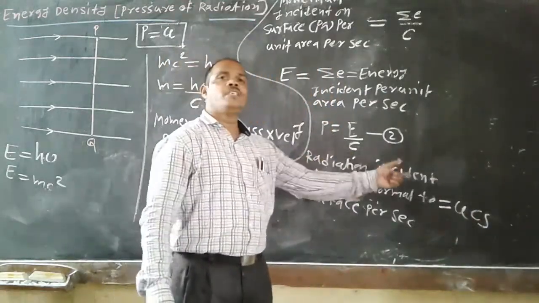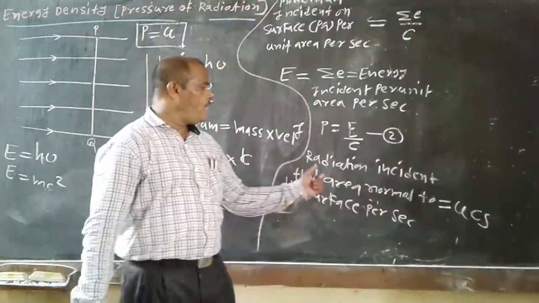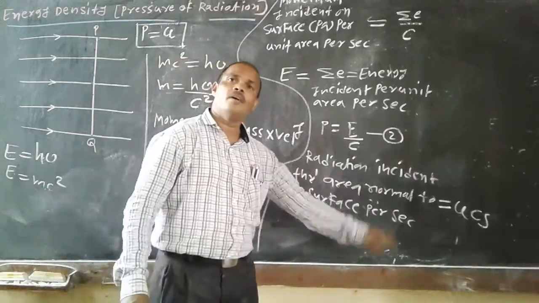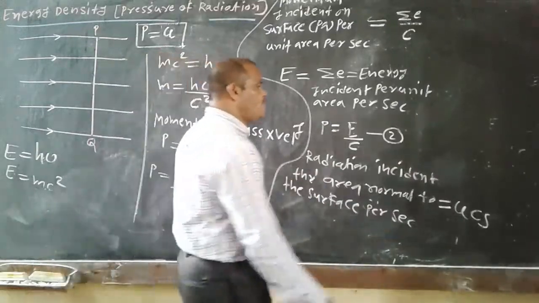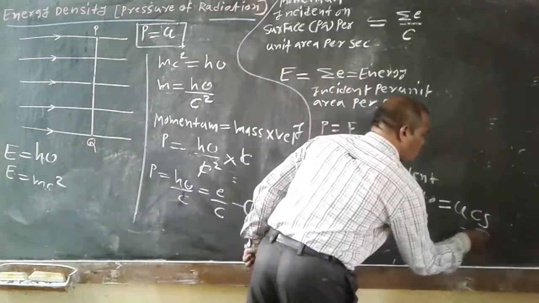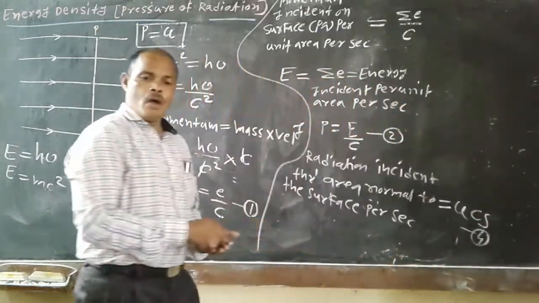So the radiation incident through the unit area normal to the surface per second is equal to UcS. Say it is equation 4.